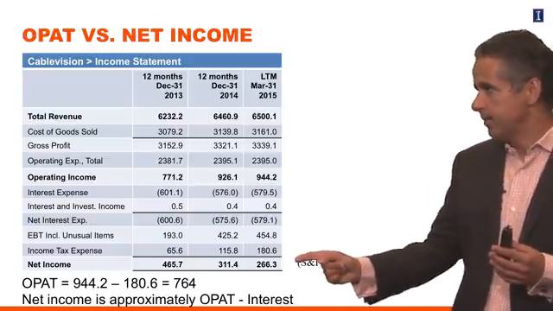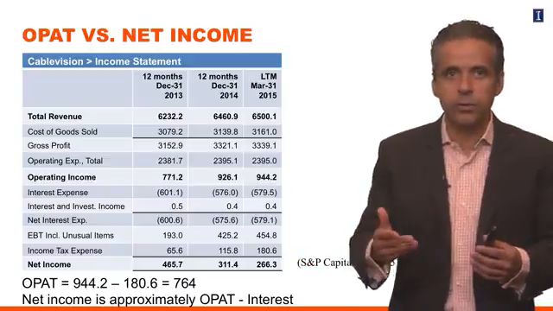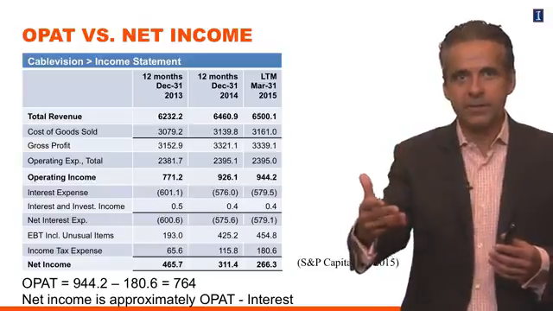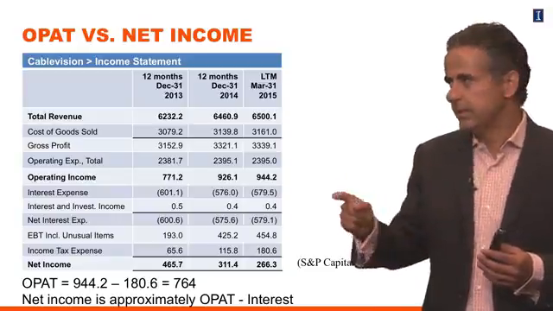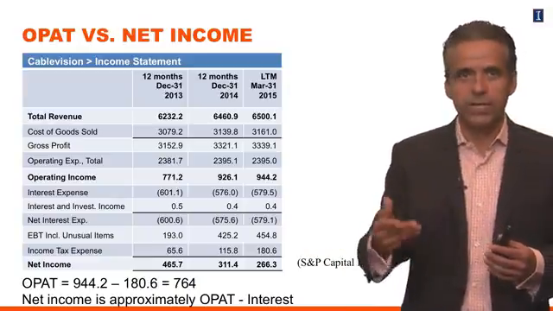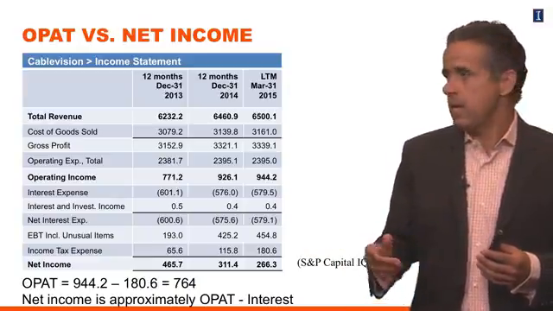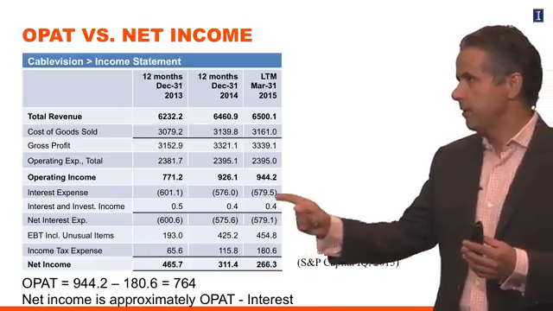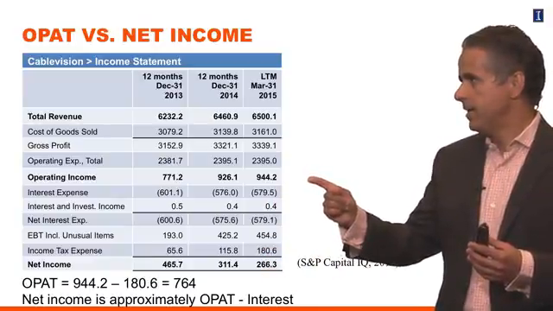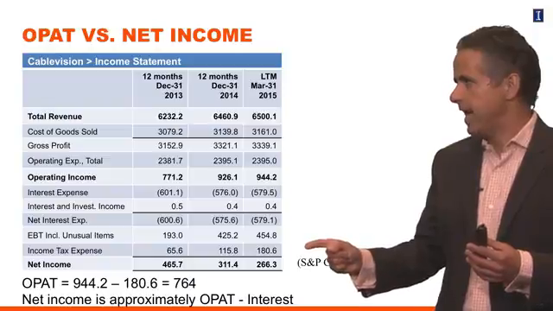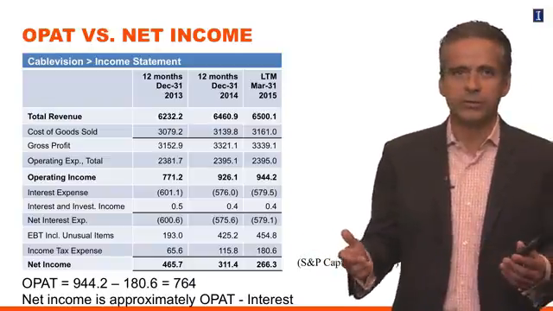So your net income is going to be a profit figure that is reported after interest payments and other non-operating items. Net income is at the bottom of the income statement, okay? If you work out the math here, right, what would be your OPAT? Your OPAT would be the operating income minus taxes, right? I've done the calculation there for you.